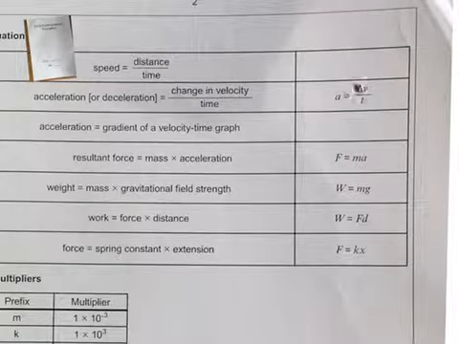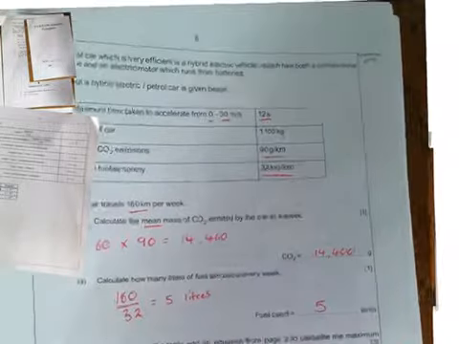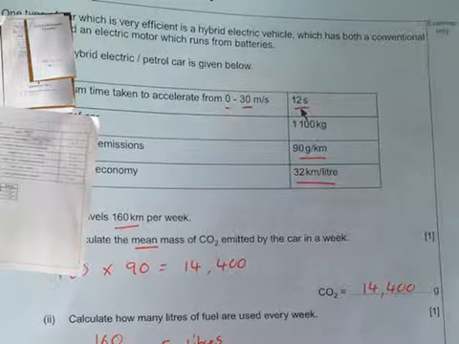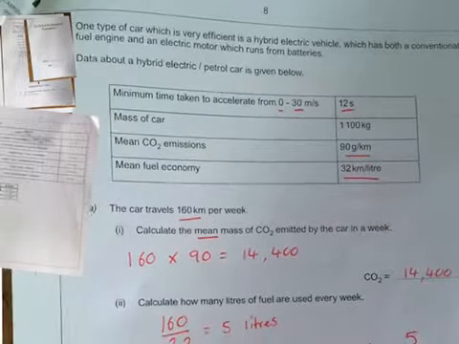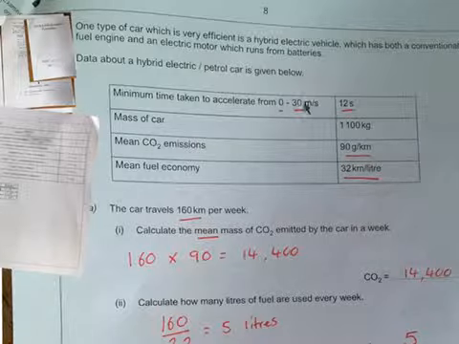So we're going to have to use this one, because the question gives you a time of 12 seconds, and it also gives you the velocity there. Meters per second is going to be speed or velocity, and it goes from 0 to 30. So you've also got a u, the initial velocity, and a final velocity of 30.